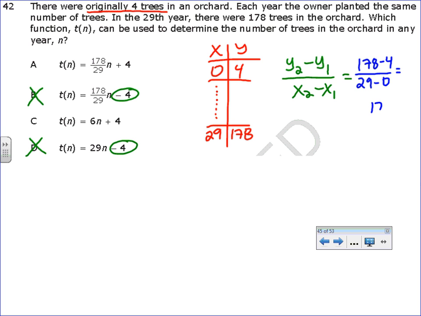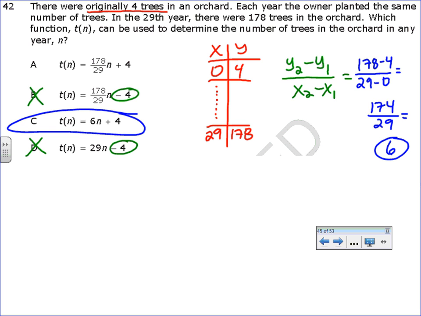And I get 174 over 29. Then I divide that in my calculator, 174 divided by 29, and you get 6. And the answer is C.